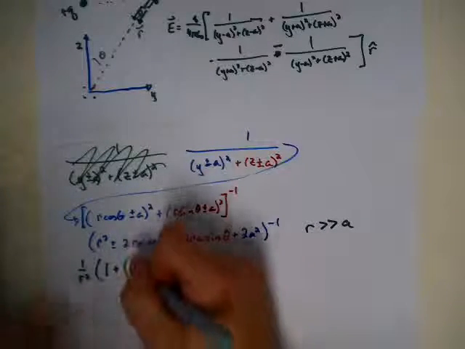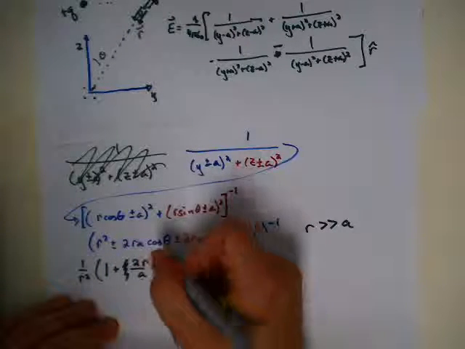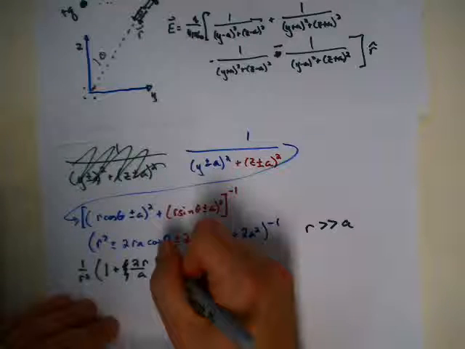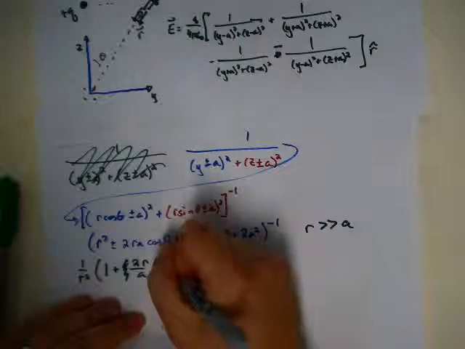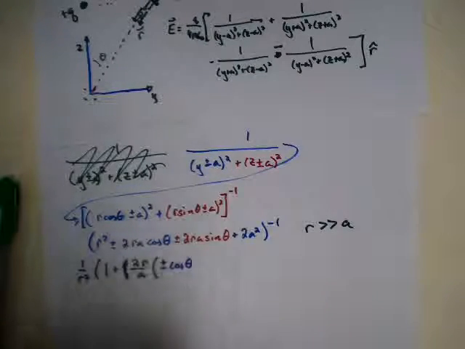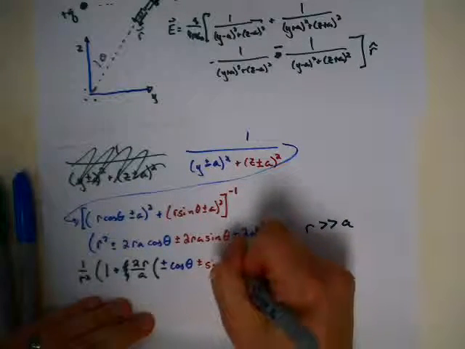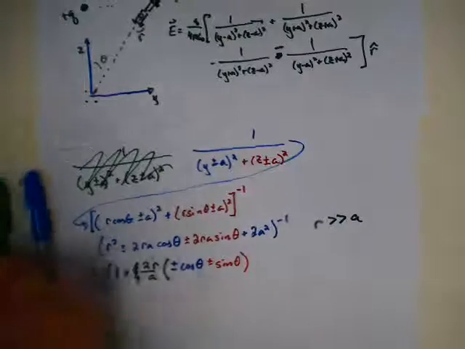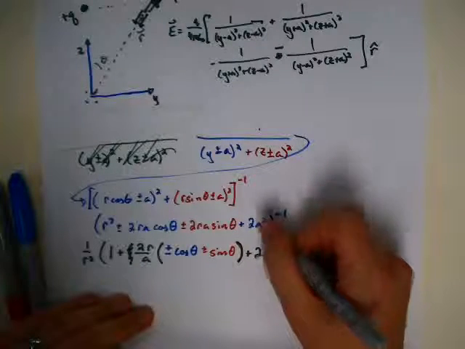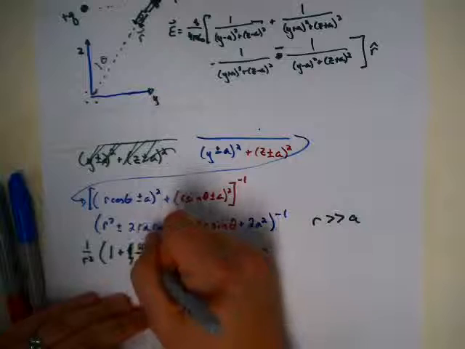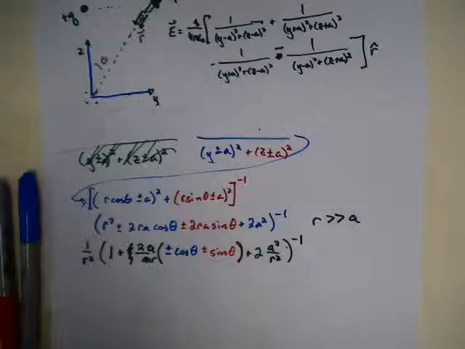Plus 2r over a, and then plus or minus cosine phi plus or minus sine phi. Plus 2a over r, 2a squared over r squared. This to the entire -1th power.